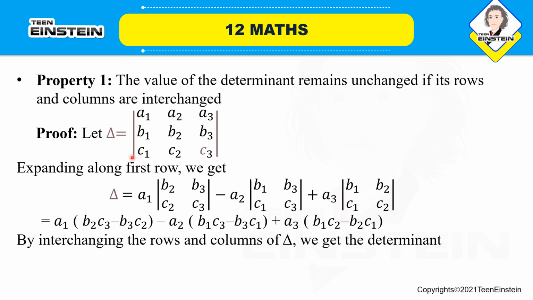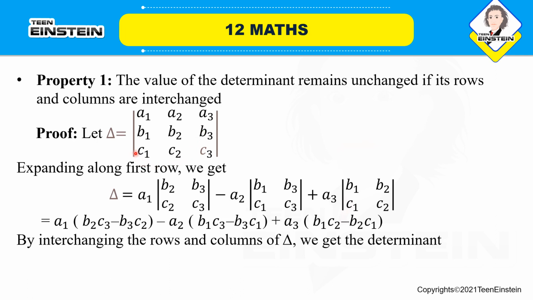This determinant is of order 3, because there are 3 rows and 3 columns. The first row is A1, A2, A3, the second row is B1, B2, B3, and the third row is C1, C2, C3, and these are the columns. So it's a 3 cross 3 determinant, right?